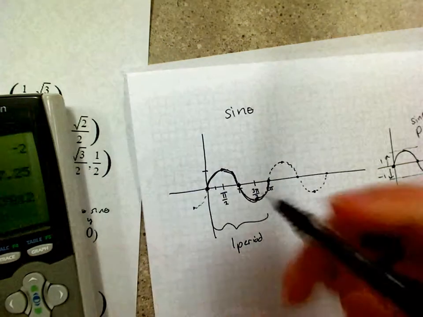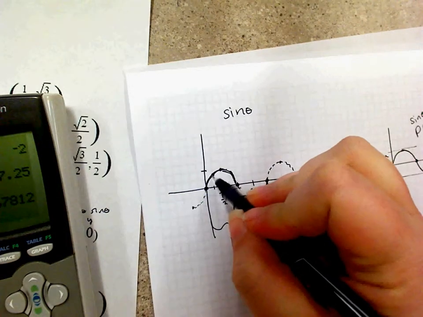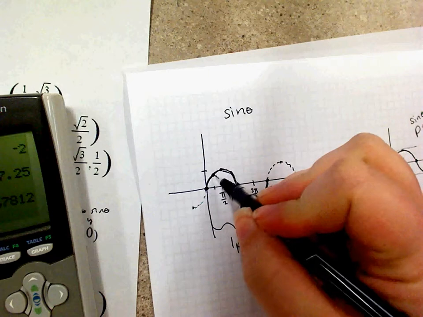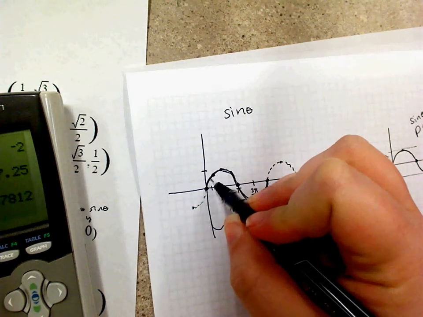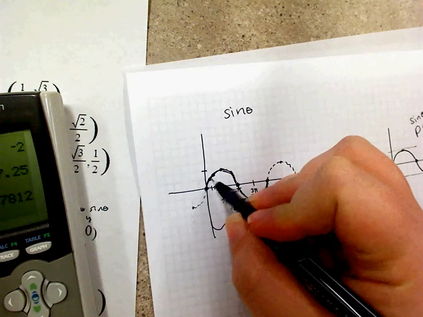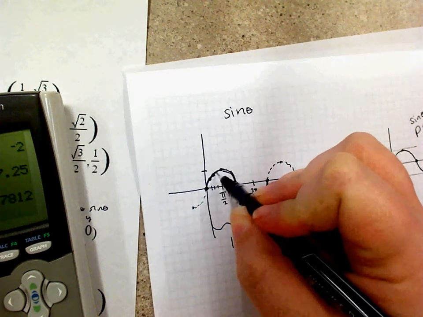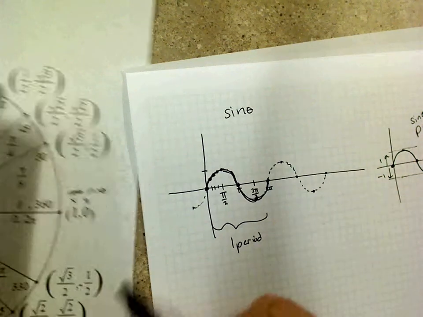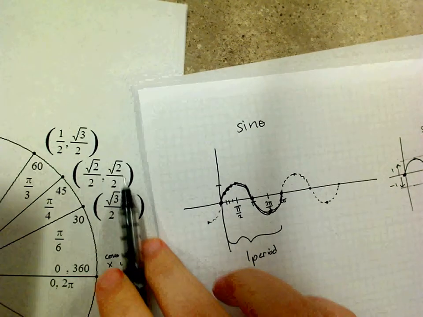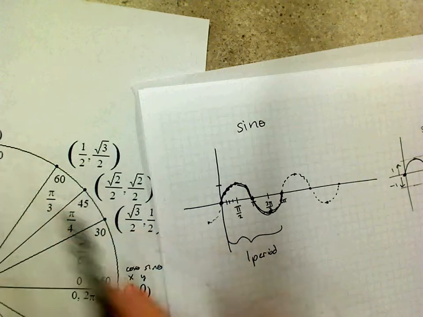So you can see that at pi over 4, 0.707, that makes sense. If that's 1, then that's good. And then at pi over 6, that should be 1/2. If this is 1, this is 1/2, and then it should be a little bit more right there. So it follows along with the pattern, 0, 1/2, square root of 2 over 2, square root of 3 over 2, and then 1. And then it'll repeat itself.